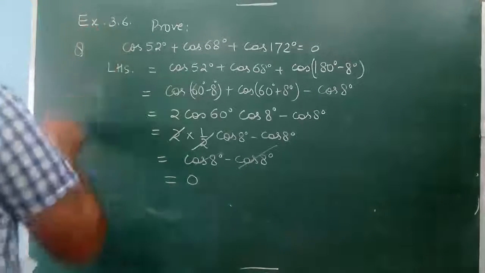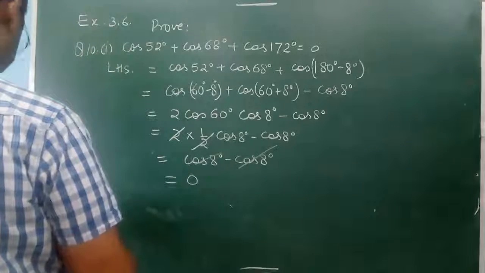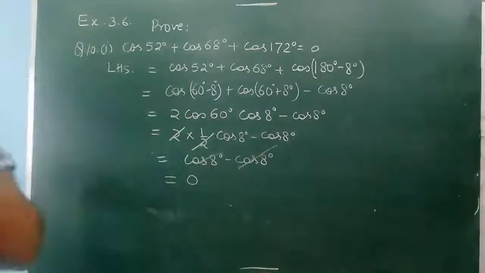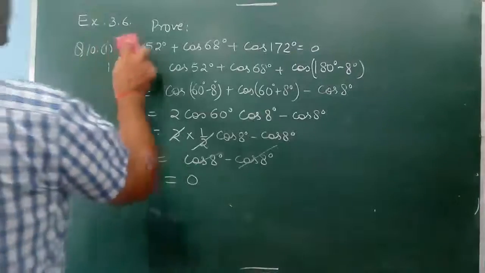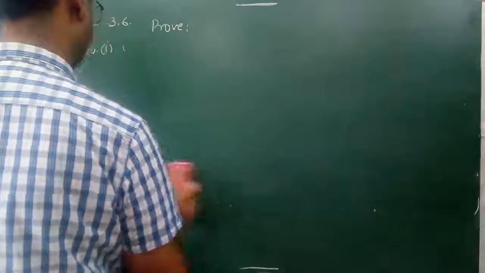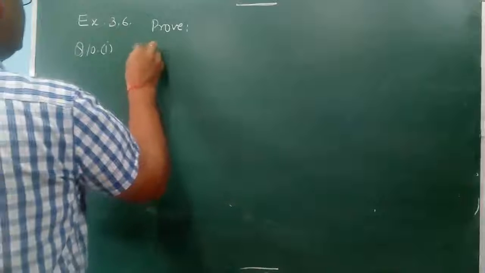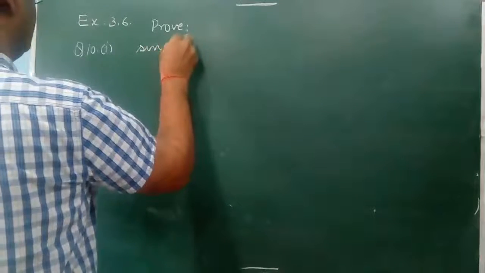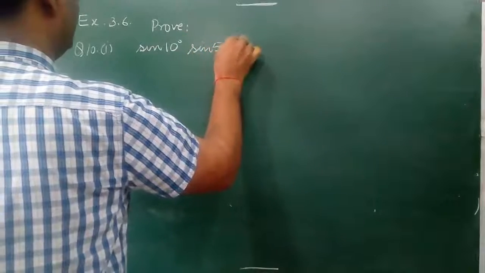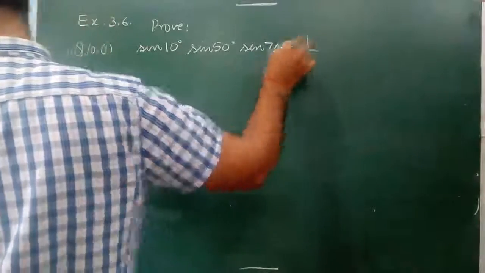Now question number 10, first part. What we have to prove in this, that sin 10, sin 50 and sin 70 equal to 1 by 8.